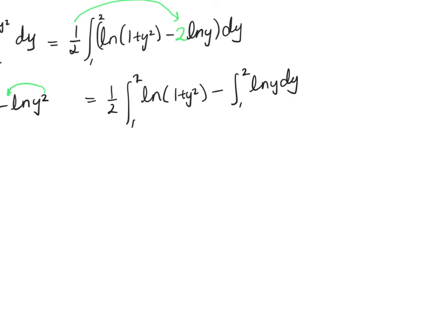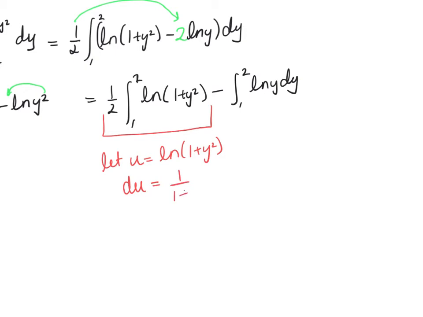And you're thinking, integration by parts, anyone? And we're going to say, oh, yes, lovely, thank you. So we're going to start with this one first. Do this one in red. I have let u equal the natural log of 1 plus y squared, and du will then equal 1 over 1 plus y squared multiplied by 2y dy.